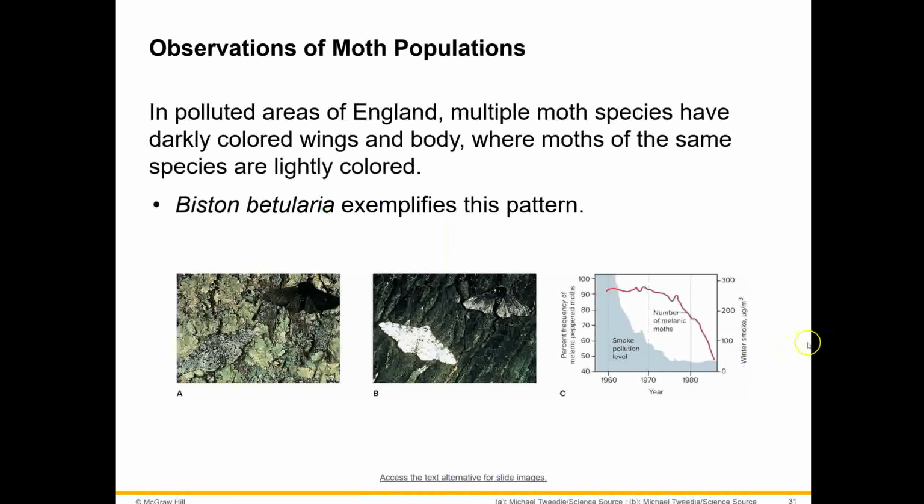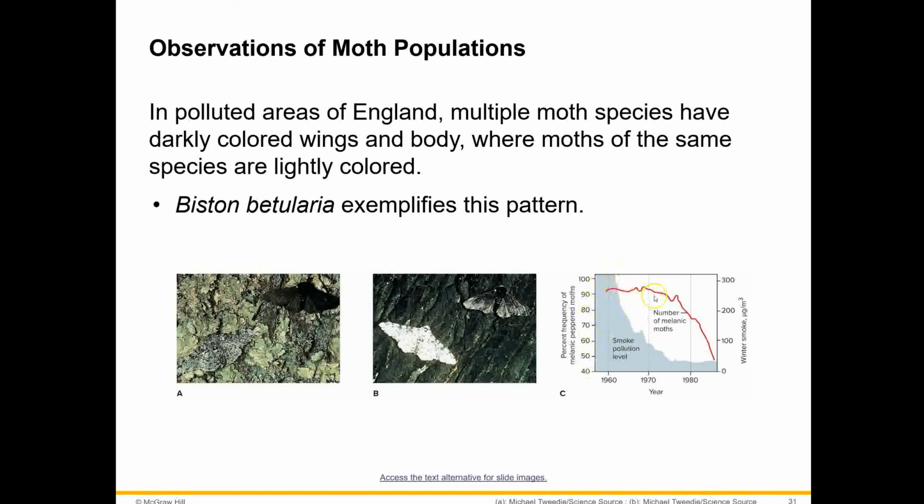For instance, there is this moth during the turn of the century called Biston betularia, and you can see it has the melanistic form and then the more white form here. And what this chart is showing us is that as the Industrial Revolution peaked, before we started cleaning things up or desiring clean air and water, there was a huge amount of smoke.